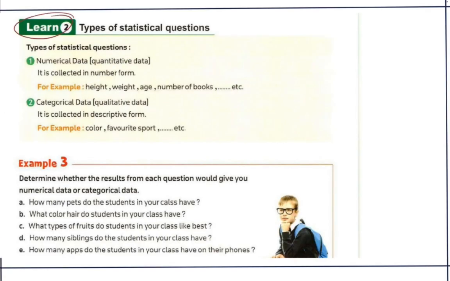Next, layer number 2. Types of a statistical question. First, we know what a statistical question is. Then we can define if a question is statistical or not. Now, about the statistical question, we have 2 types. The first one is numerical data.